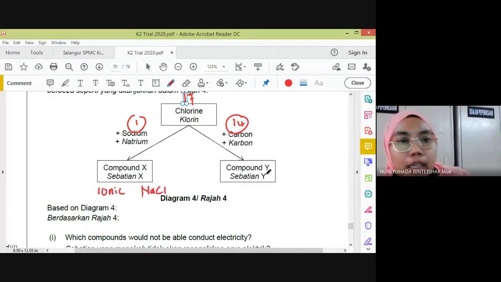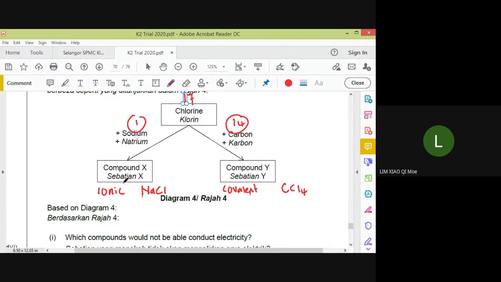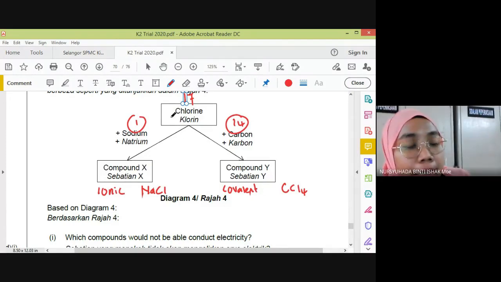Apakah nama compound yang terhasil? NaCl. Okay. Kalau chlorine dengan carbon adalah covalent compound. So nama dia adalah CCl4. Ionic compound can form from metal and non-metal.